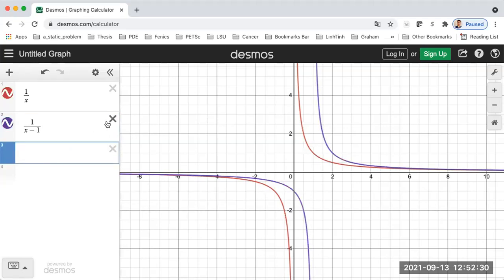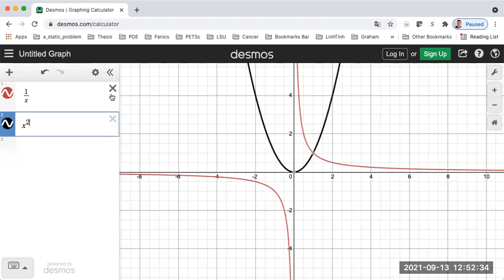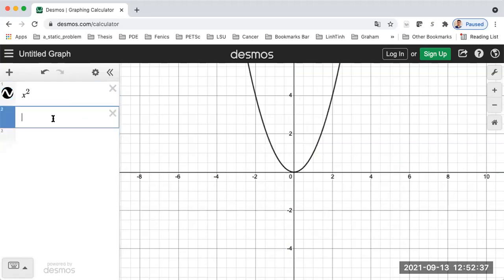Another example, if we're given, this is a very common function, x squared. How about x squared plus 2? Guess, how does it look like? It will be shifted up 2 units, right? Very good. Okay.